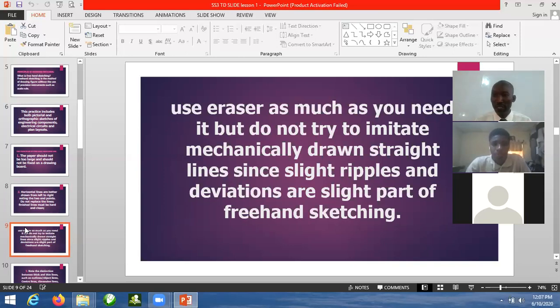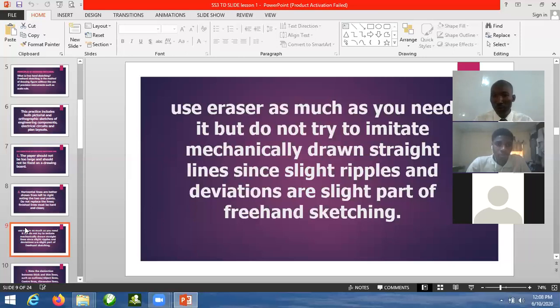There's every tendency the line may go offline, so it is advisable you use the eraser. Don't try as much as possible to be perfect. Your drawing can never be like a mechanically drawn line. That is what it means. So slight ripples and deviations are slightly permitted.